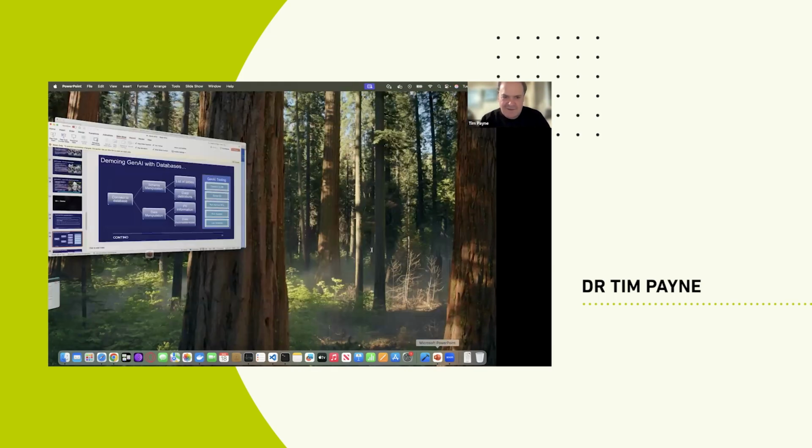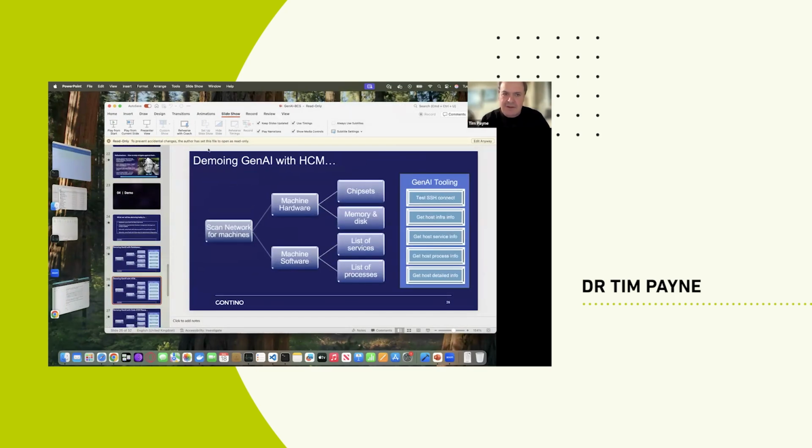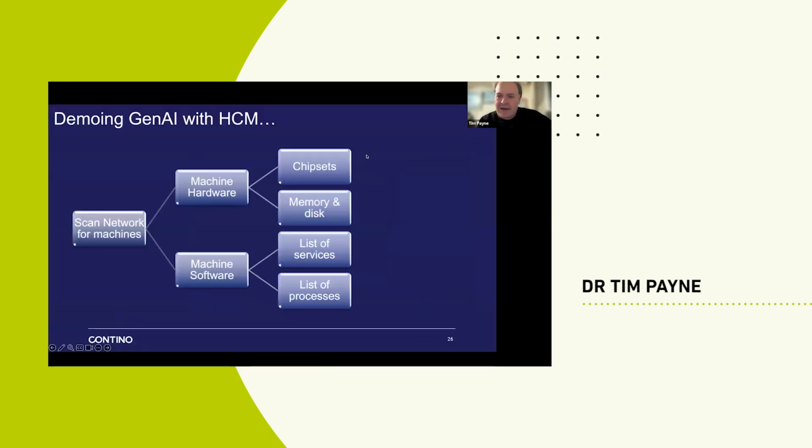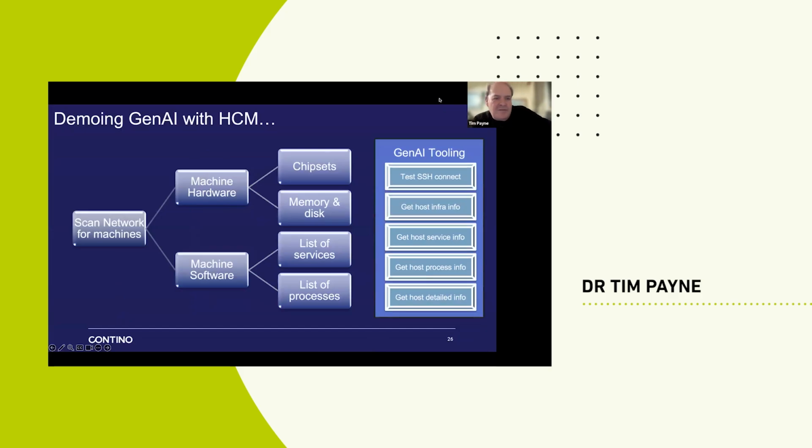Now, in the context of this one, I'm going to be trying to look at some HCM information. This is effectively a smarter version of something like Splunk, or that sort of utility.